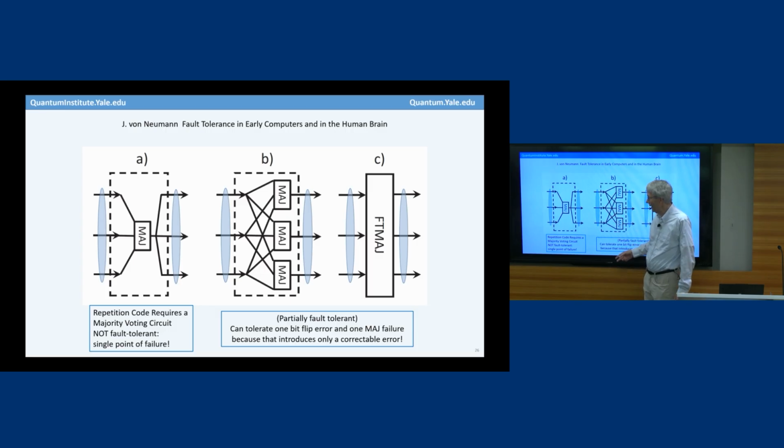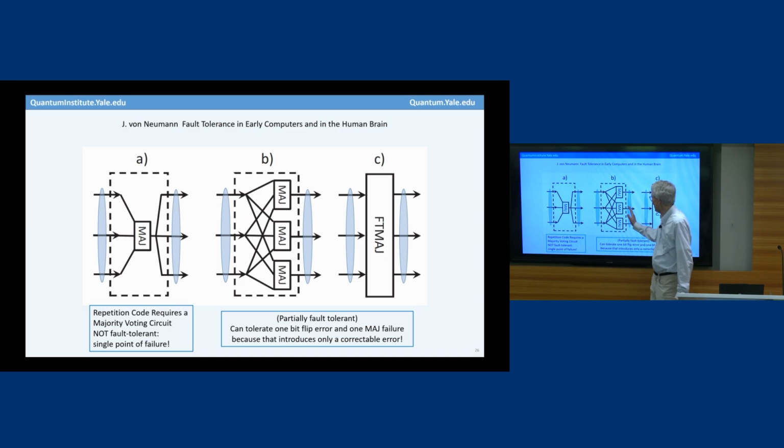Okay? And then each majority voting unit votes and outputs here. If one of these should fail, you're still inside the correctable space. You'll have like 0, 0, 1, when it was supposed to be 0, 0, 0. Okay, so that's an error, but it's correctable.